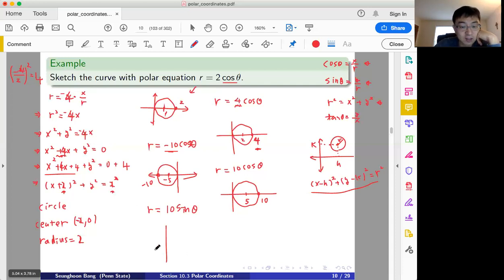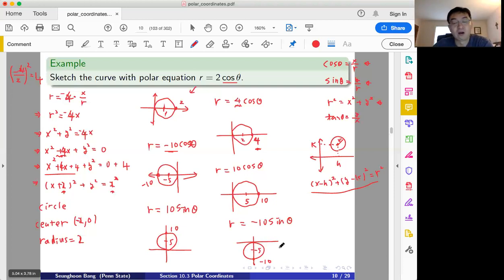The graph is the top one. The y-intercept is 10, and the center is 5. What is r = negative 10 sine theta? The negative 10 sine theta is the bottom one. The y-intercept is negative 10, and the center is minus 5. This is the whole idea.